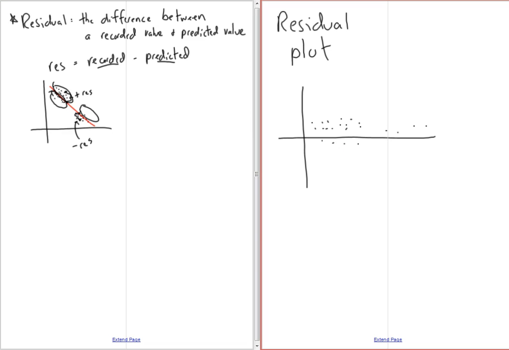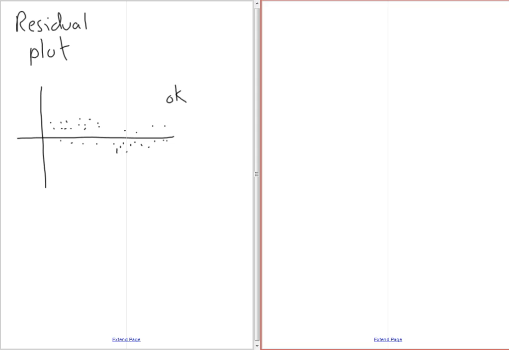And then in this region, we had a few dots that would correspond to very few up here positive, and then all these dots down here would be right down there. Okay, that's an okay residual plot. It means that we've got about as many above this x-axis as there are below. So that's okay. That's a pretty good scatter plot.